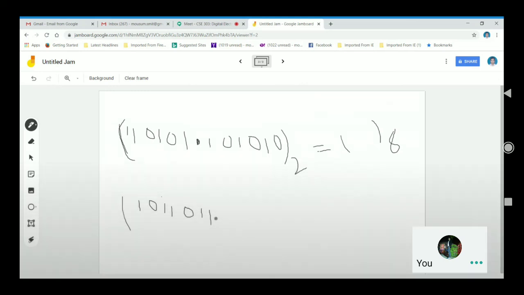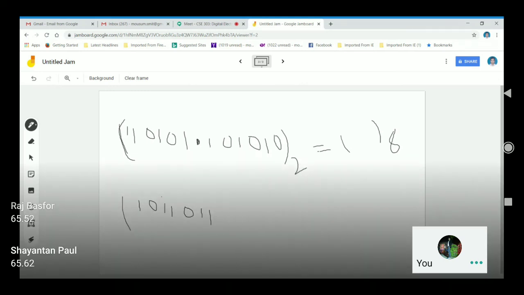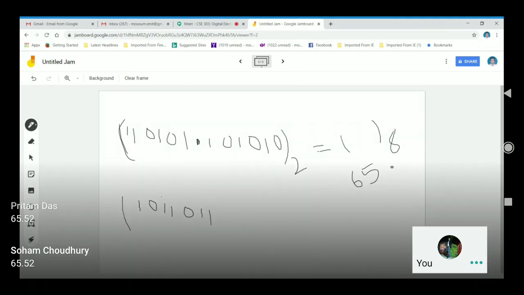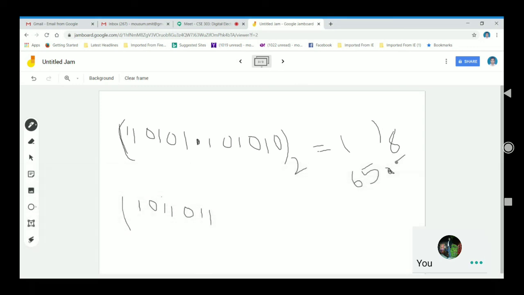Or can anyone tell a different answer? 65.52. The correct answer is 65.52. Remember this particular number is also very important. The answer is 52, not 53. 65.52 is the correct answer. You can carefully check.